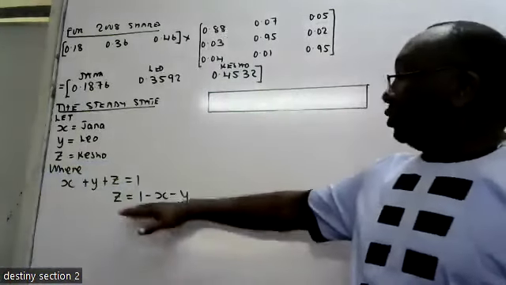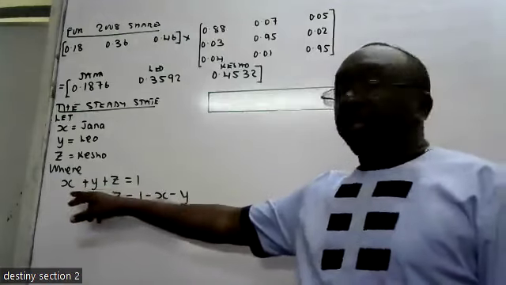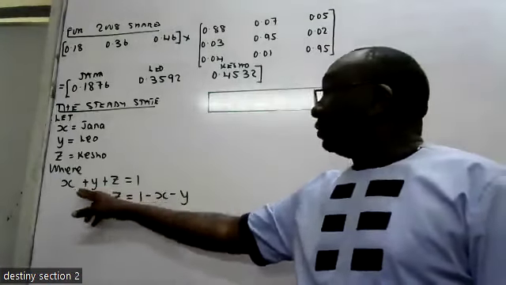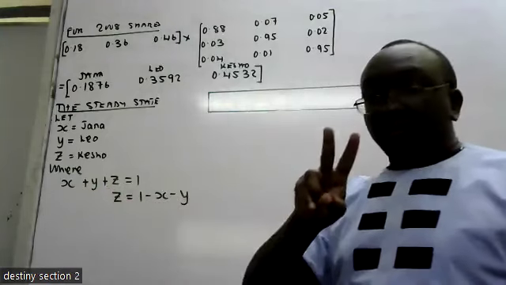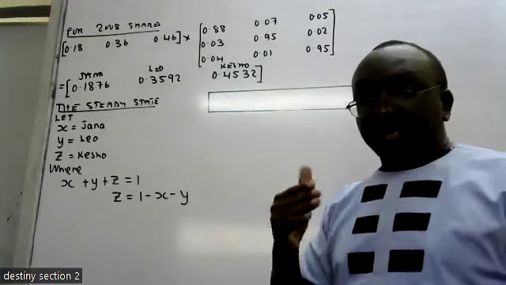If you don't do it this way, you will have to solve 3 equations because you can see we have X, Y, and Z.